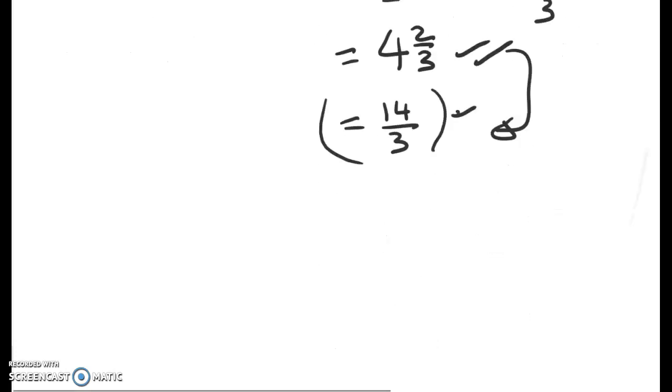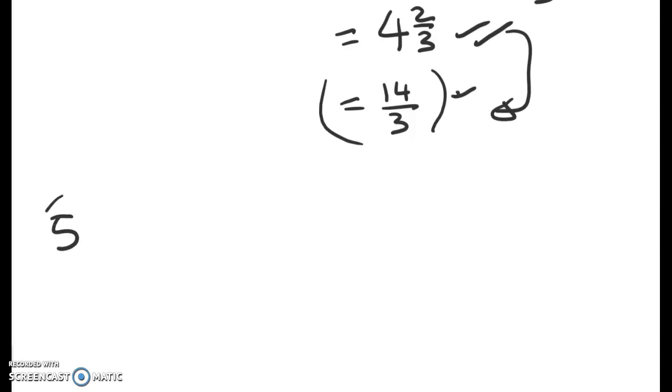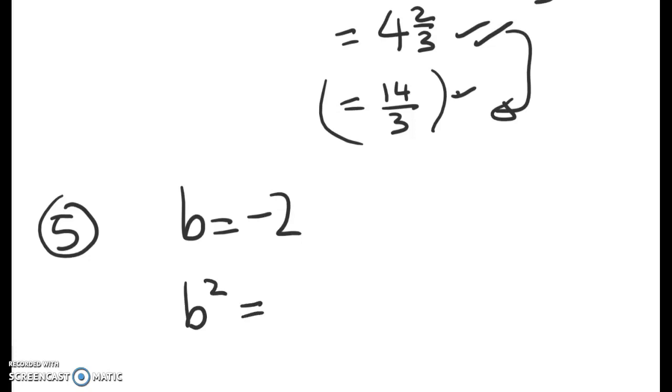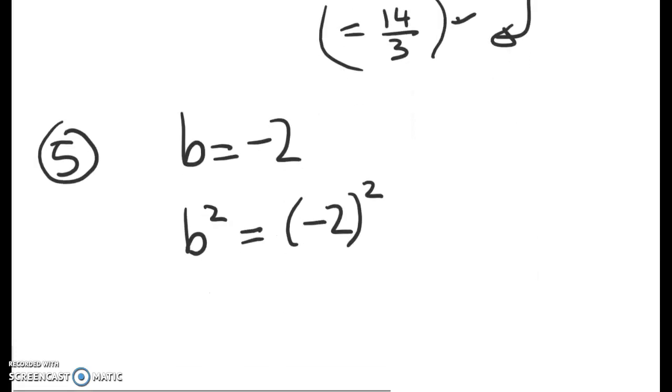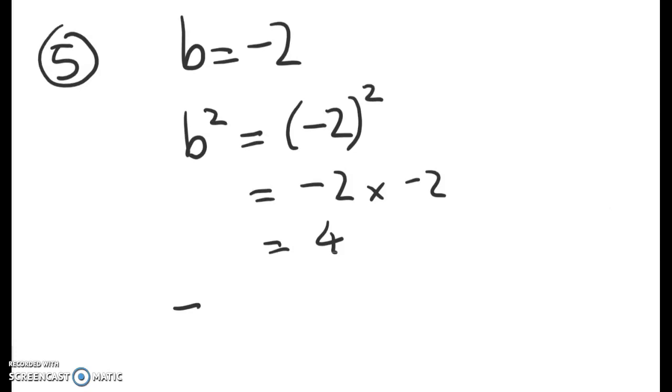Number 5. Oh, just before I do number 5, I wanted to go over just one thing with the negatives. So if I've got, let's just look at b is equal to -2. If I've got b squared, that means that I've got -2 times itself. So that's -2 times -2, which is 4. If I've got -b squared, how do we do that one? Well, we have to remember BEDMAS.